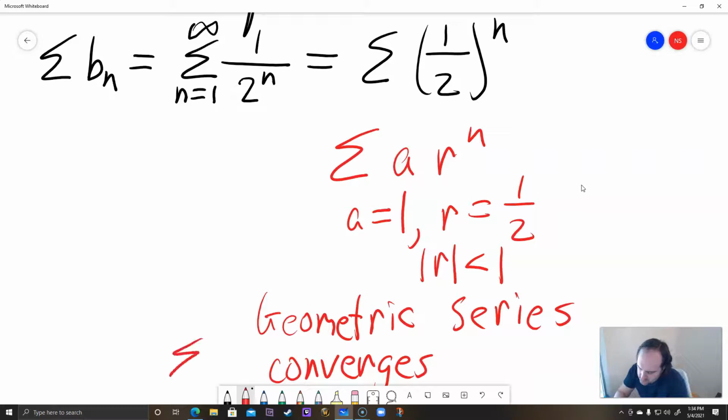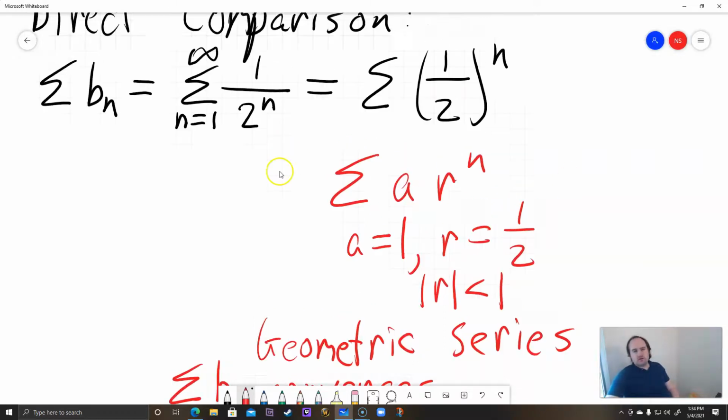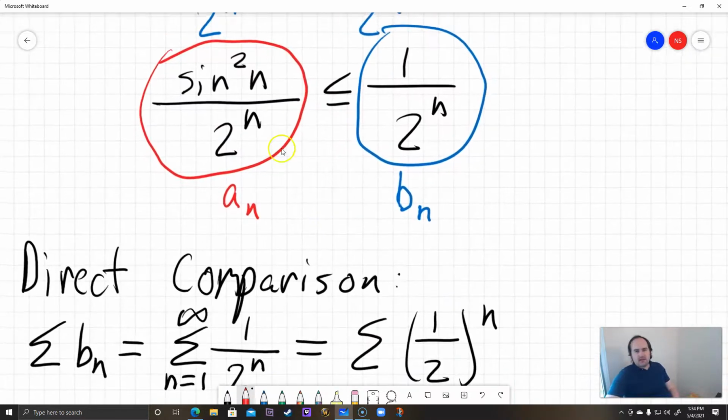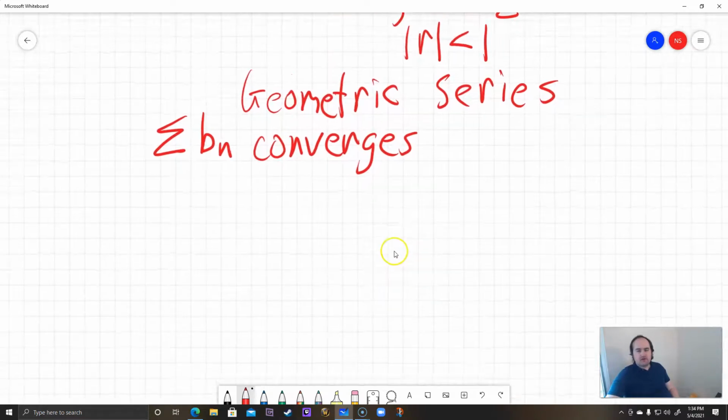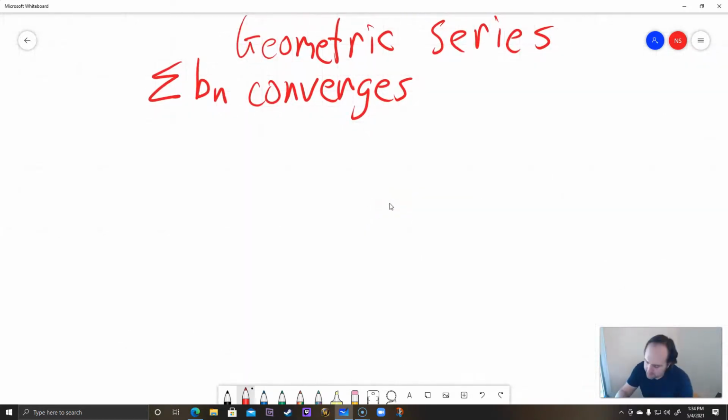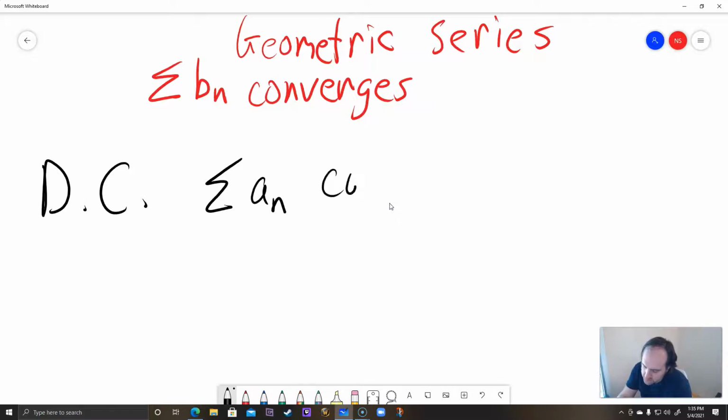So that means the sum of b_n converges. Then, using our direct comparison test, since a_n is less than or equal to b_n, and the sum of b_n converges, by the direct comparison, I'll just write DC, we get that the sum of a_n also converges.